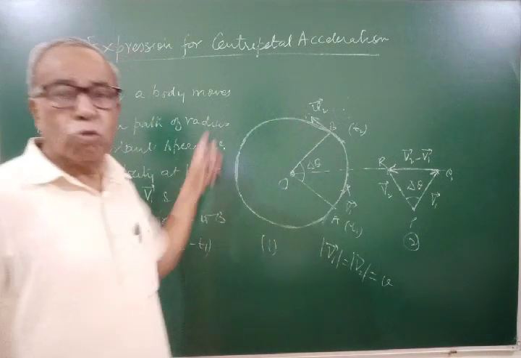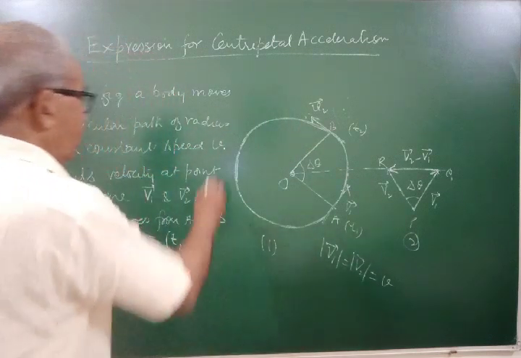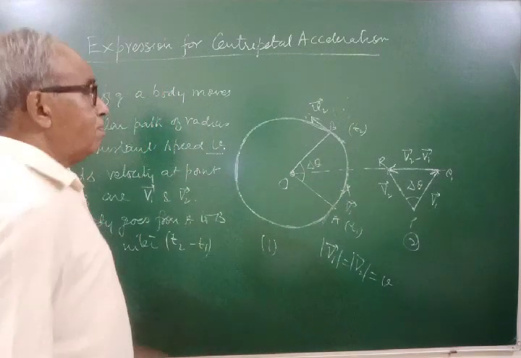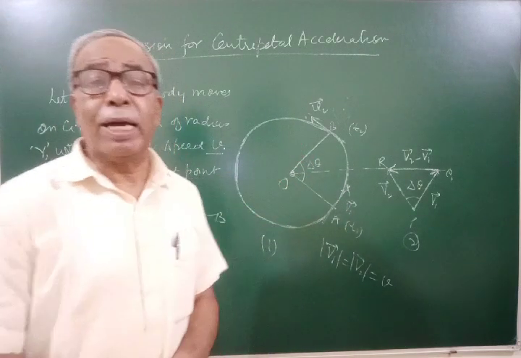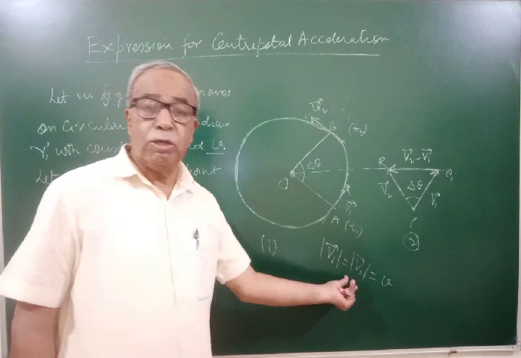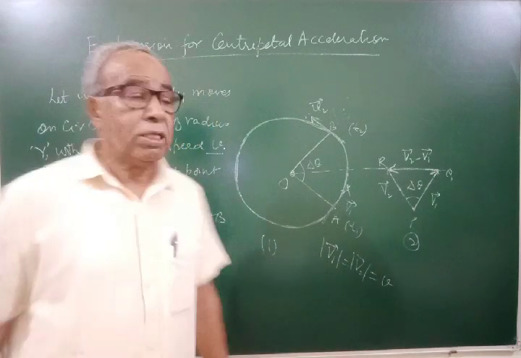A body is moving on a circular path with constant speed v. Velocities v1 and v2 are different because of change of direction. Magnitude is the same: modulus v1 equals modulus v2 equals modulus v.